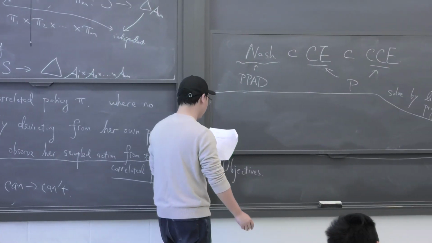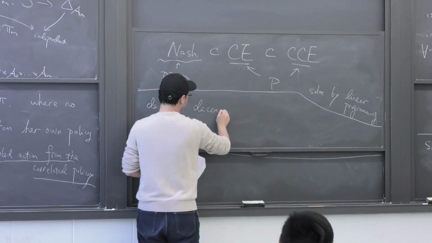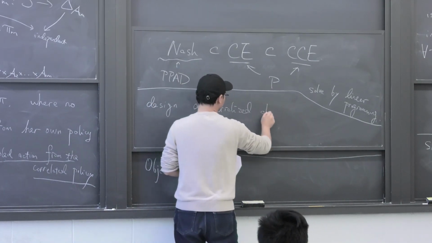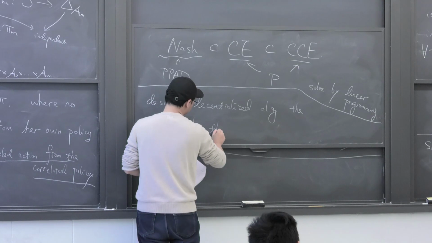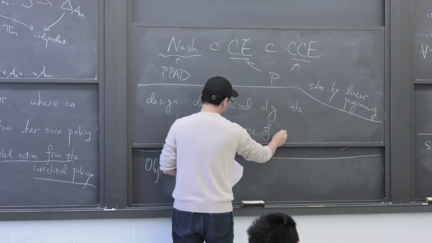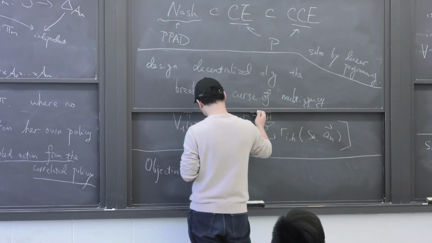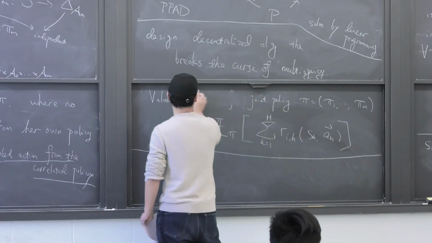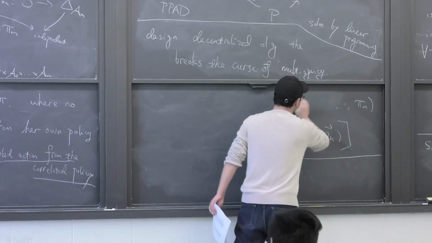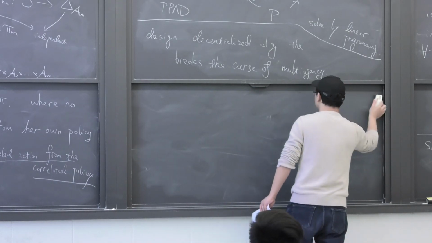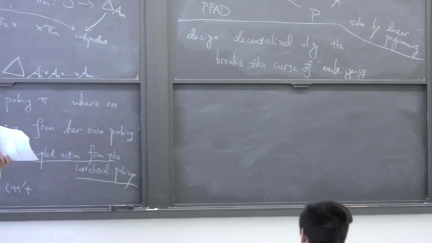So let's go back to our question, where we want to design a decentralized algorithm that breaks the curse of multi-agency. Now we talk about the design of a decentralized algorithm.